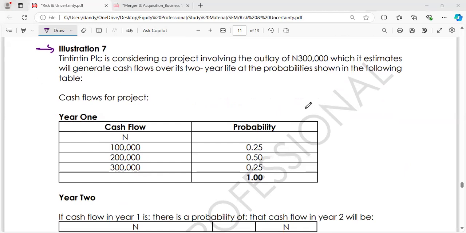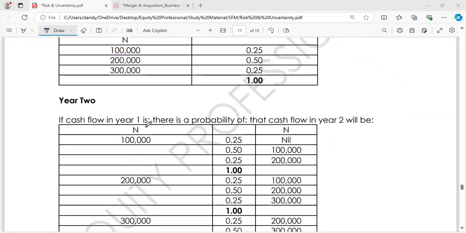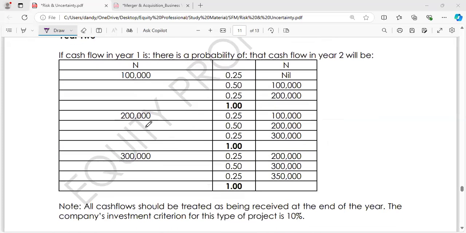The PLC is considering a project involving the outlay of 300,000, which it estimates regenerates cash flows over its 2 years life at the probabilities shown in the following table. Cash flows for the project. We have year 1, year 2. If cash flow in year 1 is, there's a probability of that cash flow in year 2 will be.